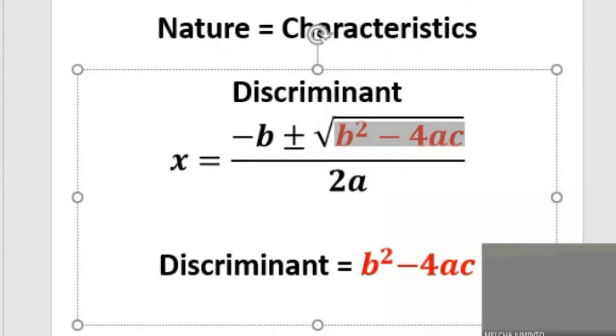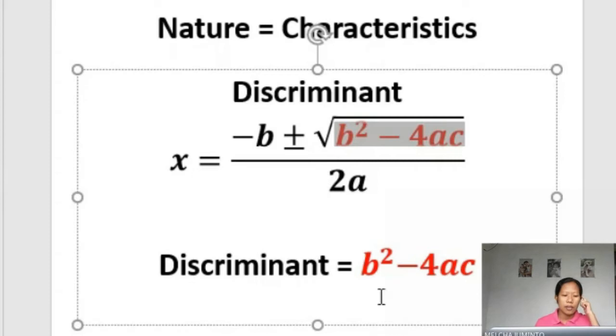Now, what is the purpose of that expression or the discriminant? Discriminant will tell us the characteristics of the roots because of the fact that it is found inside the square root. If the discriminant is 0, positive, negative, it will tell us what kind of roots the equation have.